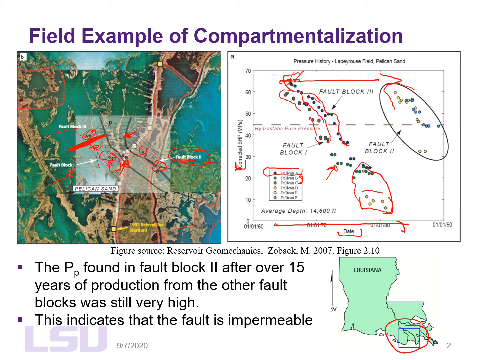But the fact that you are still able to produce at very high pressures tells you that this fault is sealing, and it prevents the hydraulic communication between these depleted areas and this newly produced area, which is being produced by wells E and F.